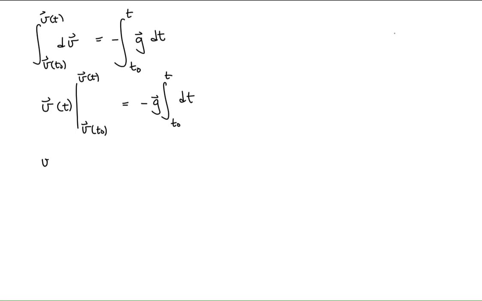Well, the left side of this ends up being our velocity function. So the velocity as a function of time minus the initial velocity is equal to minus g vector times t evaluated from t naught to t.